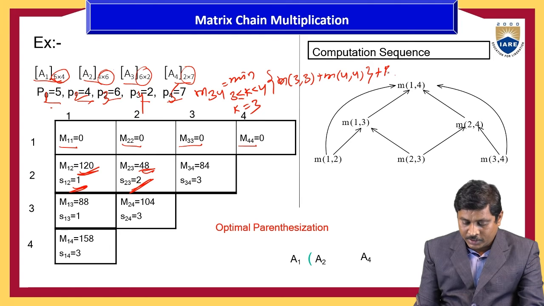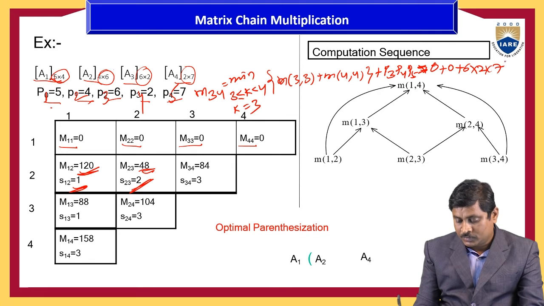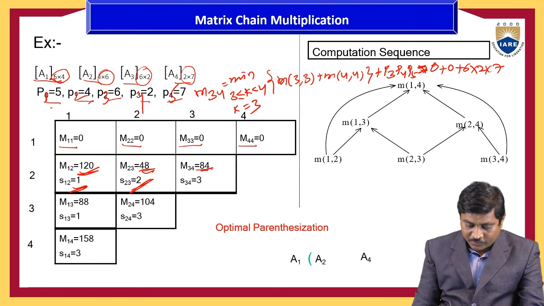Now P3 into P4 into P5: P3 is 6, into 2, into 7. M of 3,3 is 0, 0 plus 6 into 2 into 7. 6 2s are 12, 12 7s are 84. Here we take K value 3.